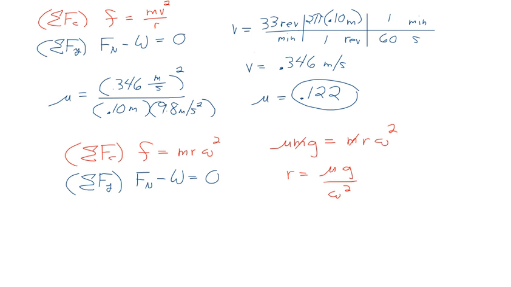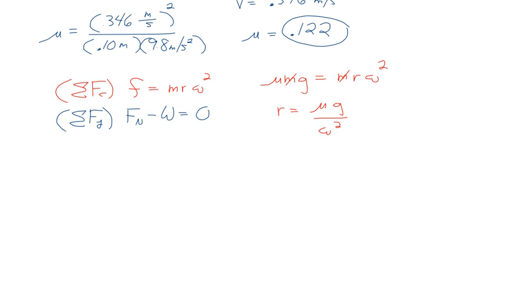Now I have mu 0.122, it's right there, and g is 9.8 meters per second squared. But I don't have my angular velocity in radians per second, so I have to do a conversion to get that number, and then I'll have all the numbers I need to calculate r. So the next step is to get the angular velocity.